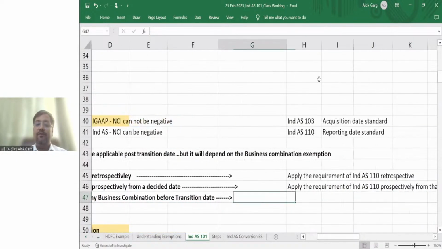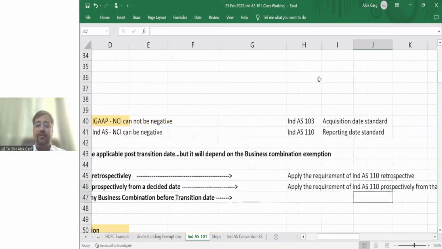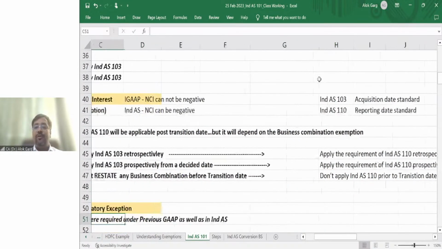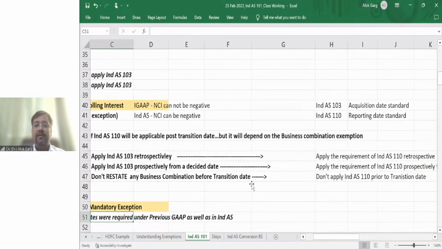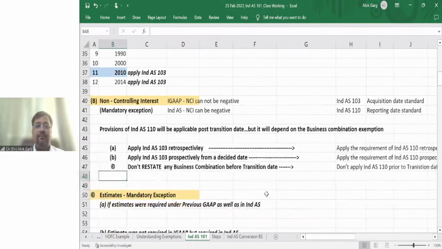In this case, of course, the standard itself says that Ind AS 110 will be applicable post transition date. In that case, don't apply Ind AS 110 prior to the transition date. Have you understood this exemption, this mandatory exception? Yes or no?